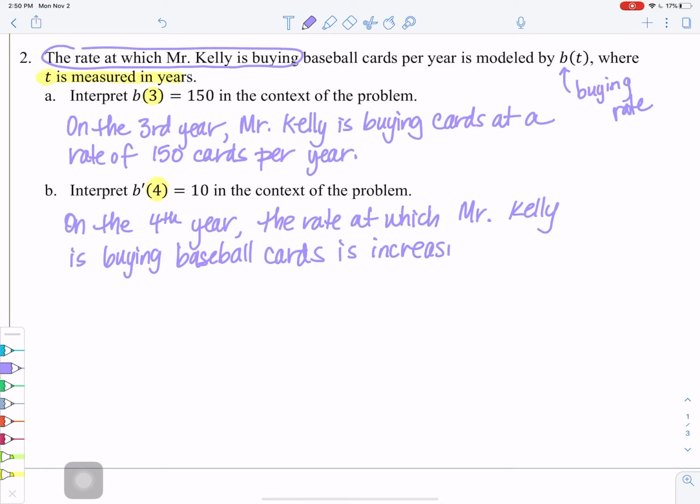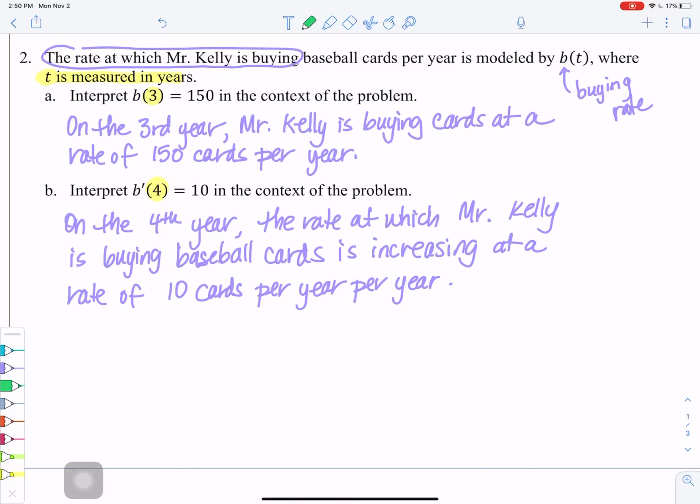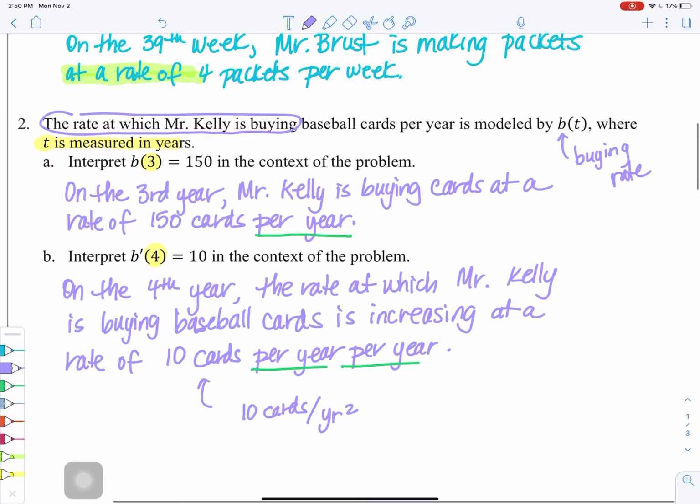Now it's increasing because that's positive, at a rate of 10 cards. Now think about this. Per year. Okay? We were per year before we took the derivative. So now we're per year. Okay? Or you could leave the units as 10 cards per year squared, if you'd like. So that concludes this topic.